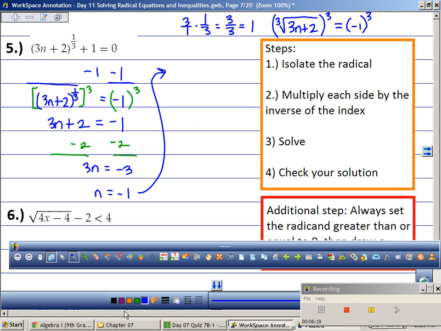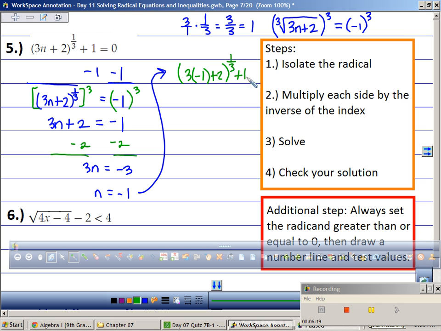Now what do I need to do with this? Check it. Not that big of a deal. 3 times -1 plus 2, to the 1/3, plus 1 has to equal 0. This is -3 plus 2, to the 1/3, plus 1 equals 0, which is -1 to the 1/3 plus 1 equals 0.